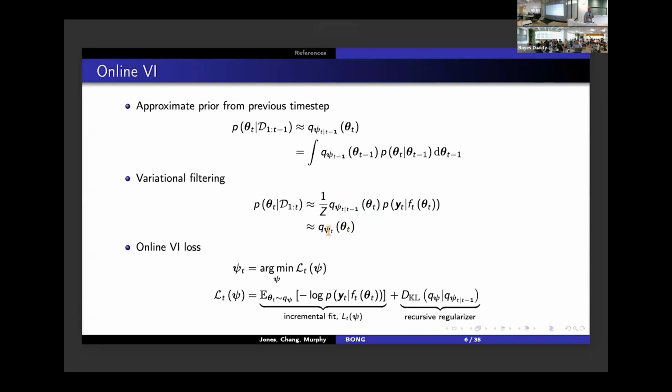So the approximate posterior at the end of the update is the minimizer of this online VI loss, which, by using the same reasoning as on the previous slide, can be decomposed into the expected log likelihood of just the current observation plus a KL regularizer to the prior at the beginning of just the current time step.